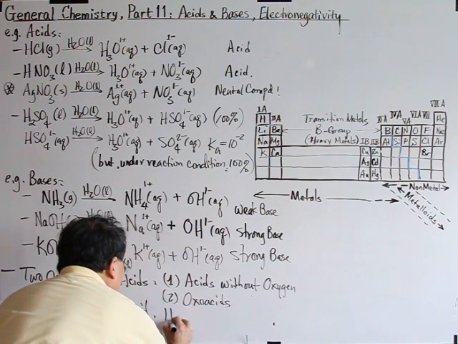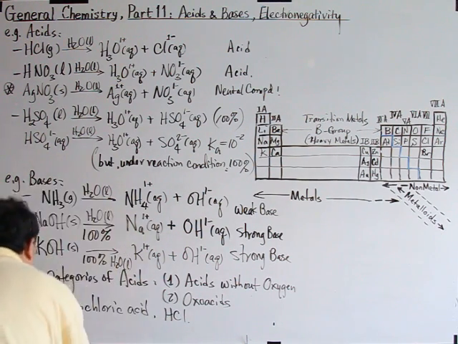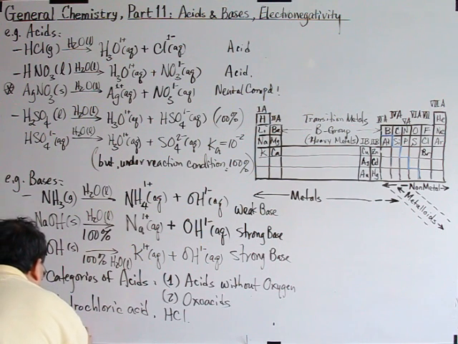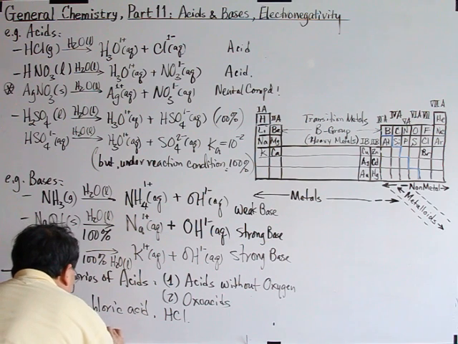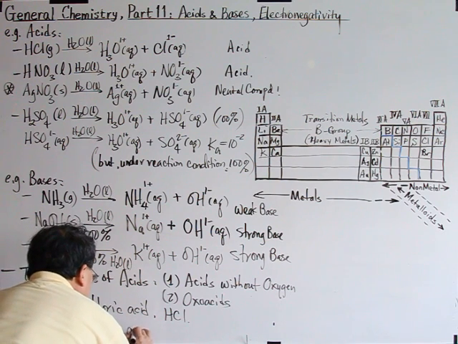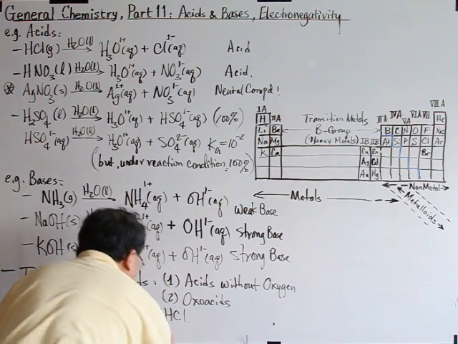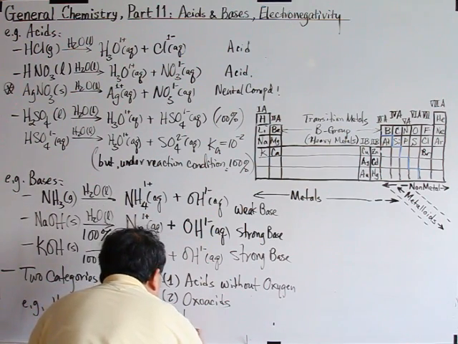That is HCl, right? And then you can have hydrobromic acid with bromine, so you have HBr.